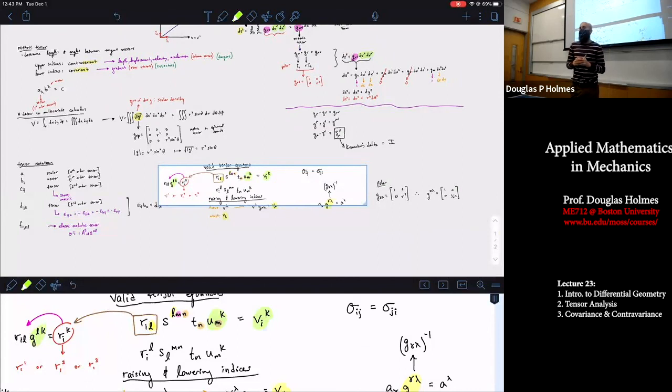I'll try to send out a more matrix multiplication example of this. I think I might be able to cook one up in Mathematica, so you can see what those components look like in the covariant, contravariant, and mixed form. So I'll try to do that in Mathematica for you.